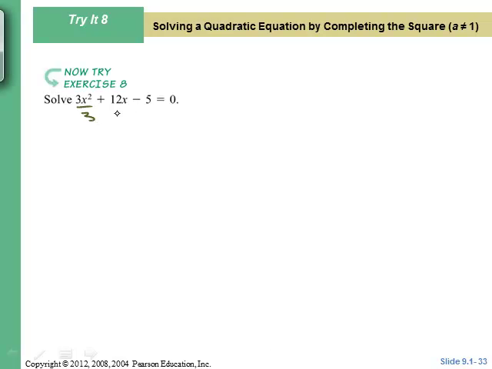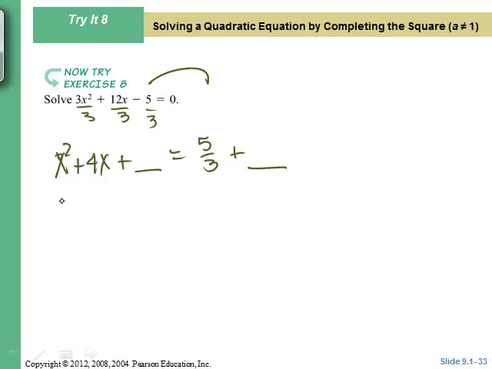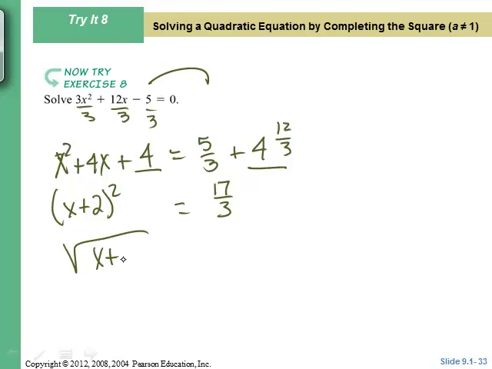Divide everything by 3 so that you don't have a lead coefficient, and you get x squared plus 4x plus blank equals 5/3. I put that on the other side, plus blank. X plus half of 4 is 2, squared is 4. 4 is 12/3. So 5/3 and 12 more thirds is 17/3. Let's take the square root of both sides. Plus or minus square root 17/3.